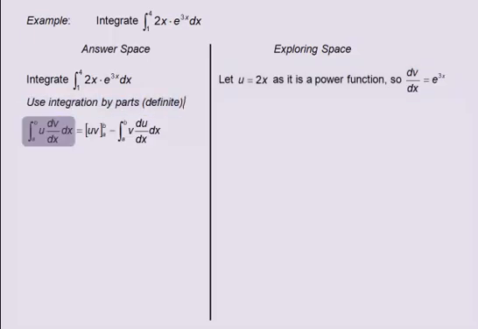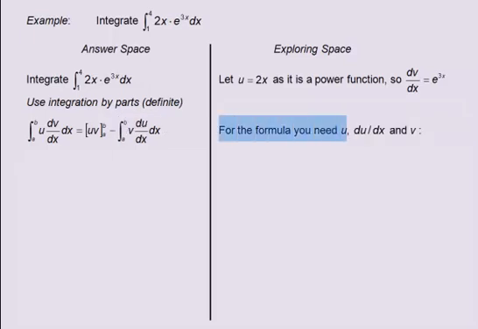The integral of u multiplied by dv by dx with respect to x between a and b equals u multiplied by v evaluated between a and b minus the integral of v multiplied by du by dx with respect to x evaluated between a and b. For the formula you need u, du by dx and v.